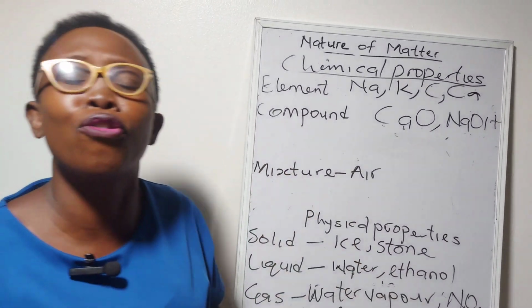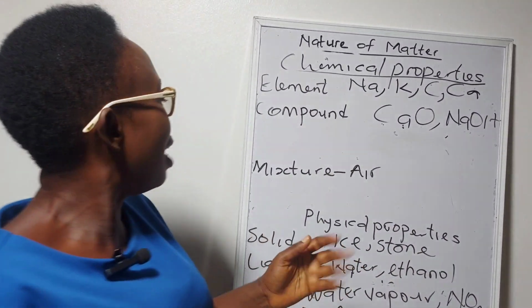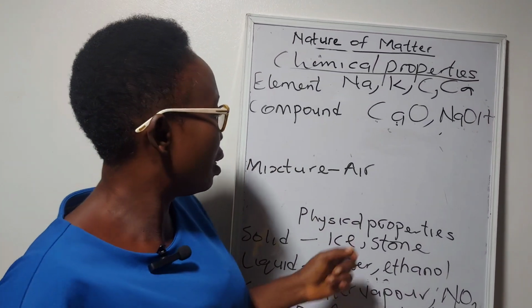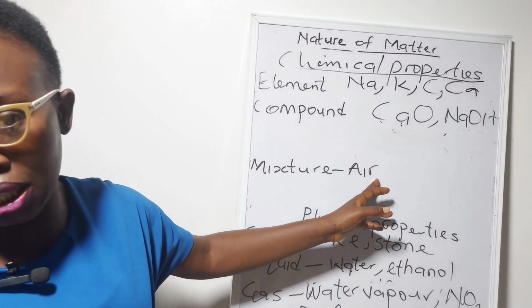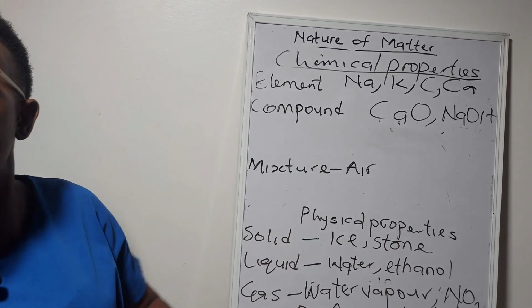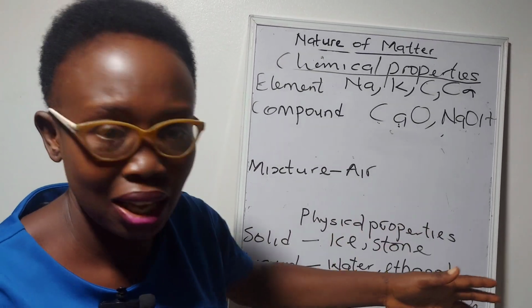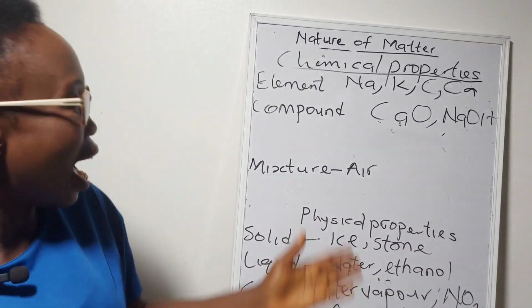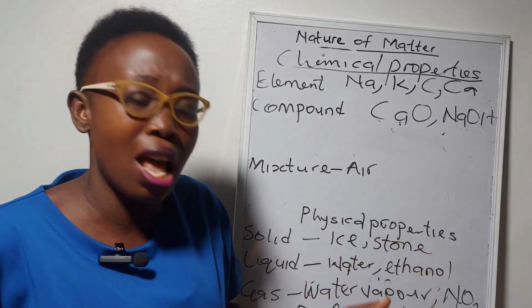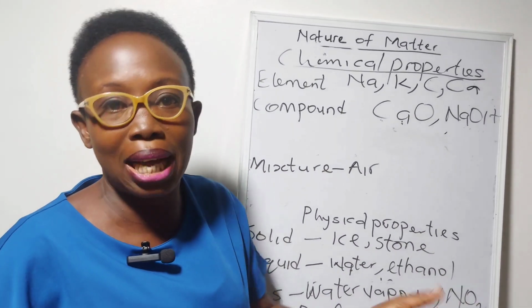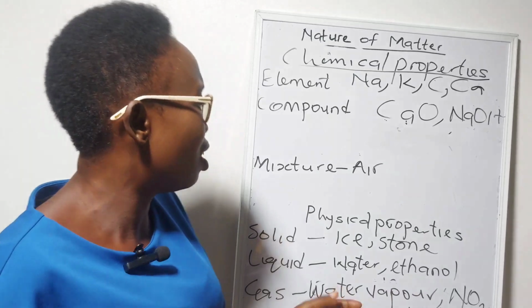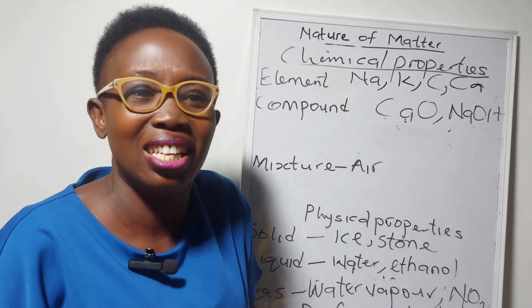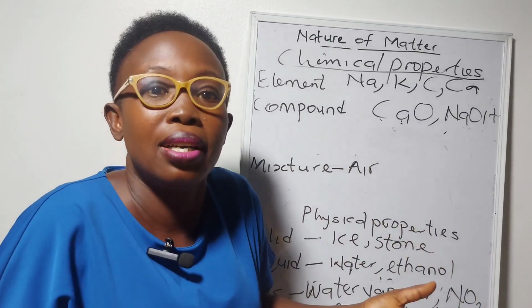Different gases form air. Let's give another example, like dust. It's a mixture of sand and air when they mix together. And it doesn't have a fixed mass. No fixed mass. It's just combined in whatever way they wish.